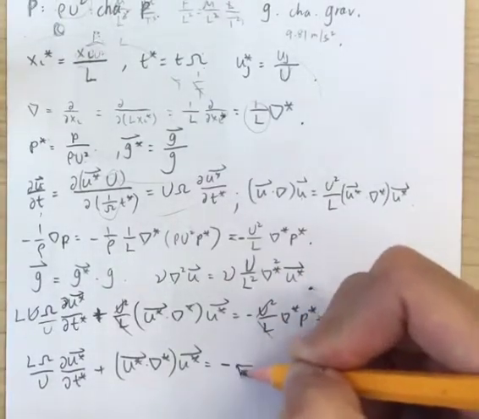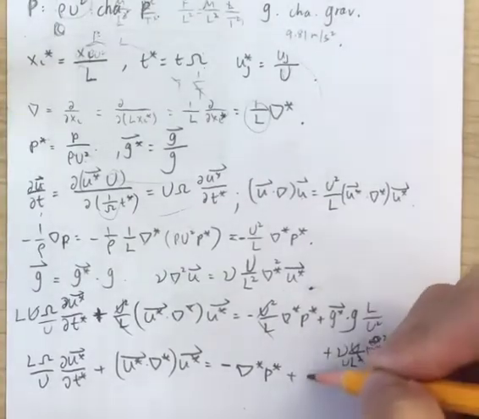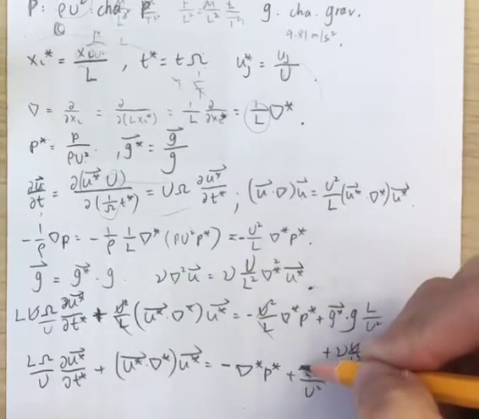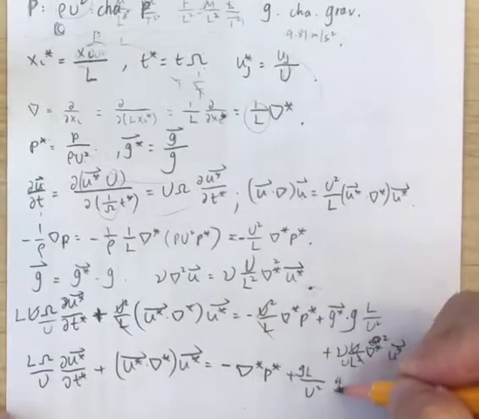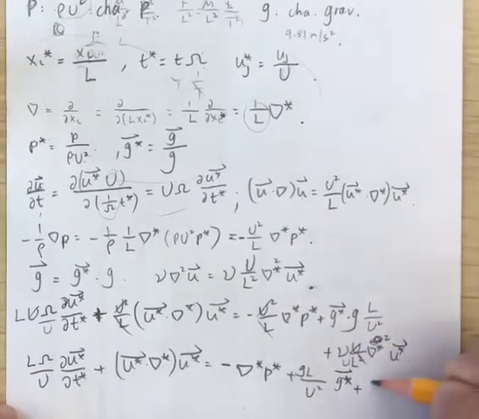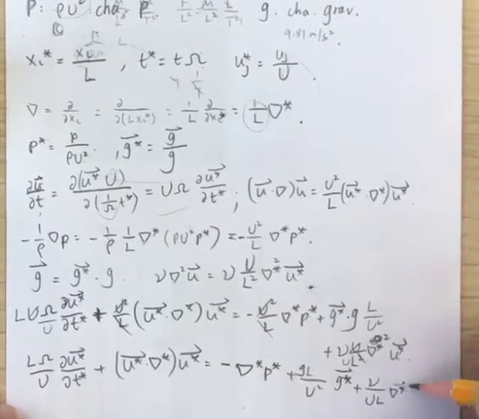Same here, right? But here we have a constant which is L over U squared times G over U squared. And here we have nu over UL, Laplacian.